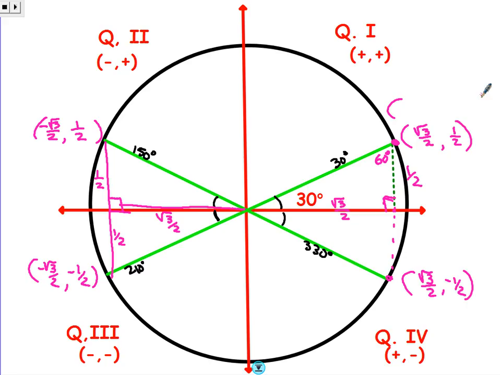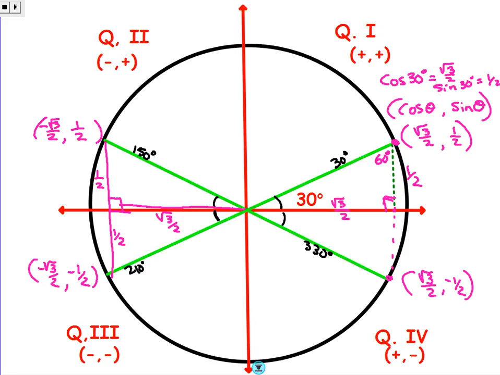Because you guys told me the coordinates were cosine theta, sine theta. Well, if my theta is 30 degrees, we just figured out that cosine of 30 degrees is root 3 over 2. And we also know that sine of 30 degrees is 1/2. Whoa. We're doing trig.